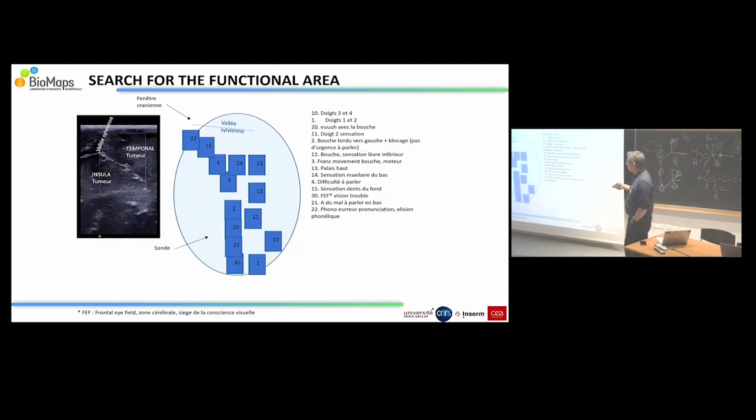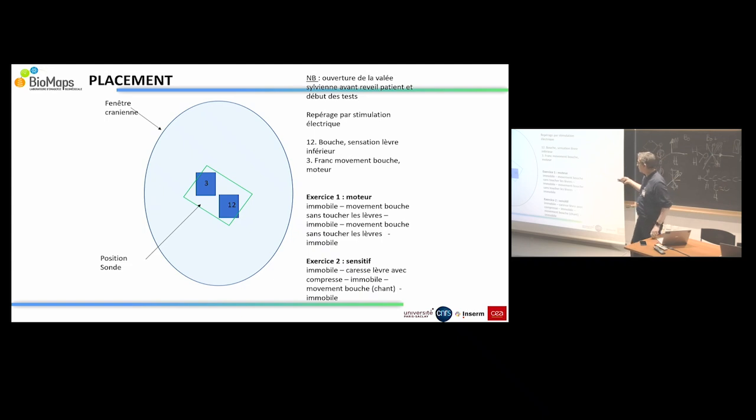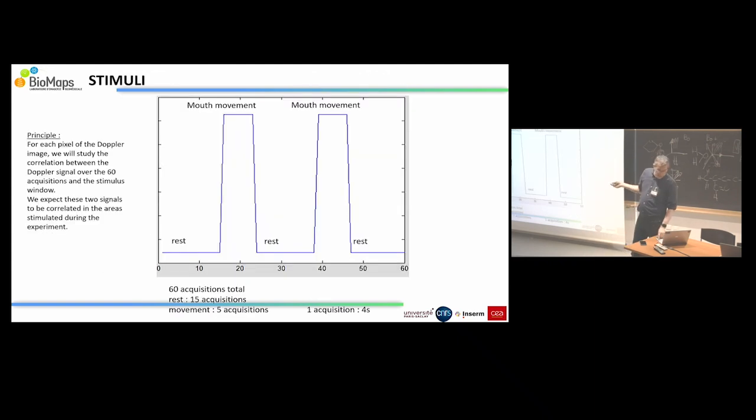When it's done, we place the probe at the surface of the map to see something in the brain where the neurosurgeon is interested to look. So here, typically, it's a position where you see the mouth movement and some feeling in the lips. We ask the patient to be at rest, to move the mouth, to be at rest, to move the mouth, to define our stimuli.